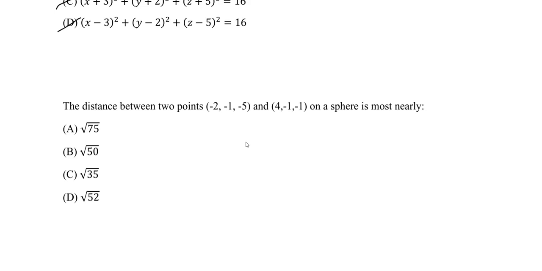So now, the distance between the 2 points on a sphere is what? So what's happening here is we have a sphere. And let me draw a sphere, and it's centered at this point, which is usually our H, K, and M, and this is our radius.